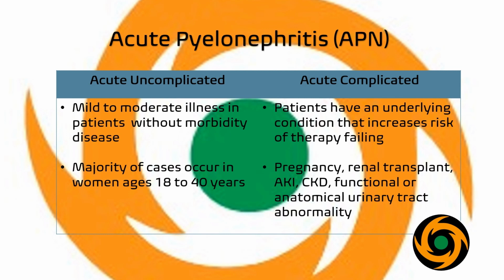Pregnancy, recipients who have undergone transplantation, acute kidney injury or AKI, and chronic kidney disease or CKD, and functional or anatomical urinary tract abnormalities can also cause issues in the susceptibility around acute pyelonephritis as well.